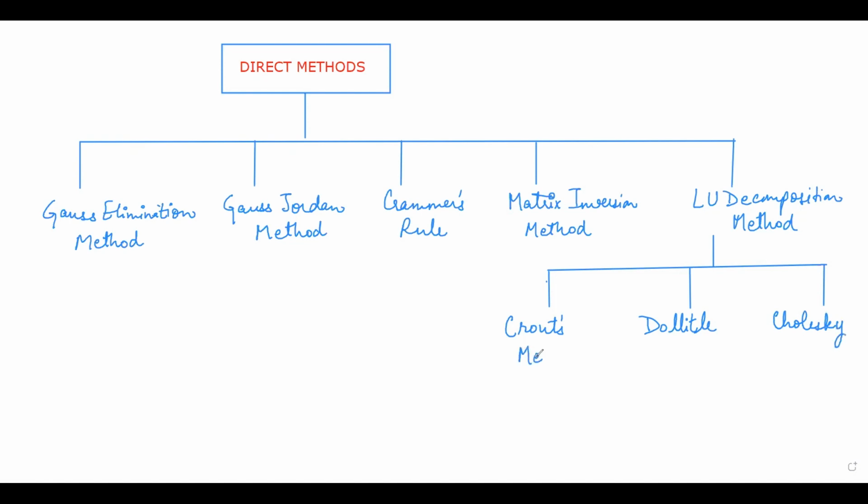So we have three different methods under the LU decomposition method. These are the direct methods, and in the further lectures, we'll be discussing the direct methods only. I'll be starting with the first one, the Gauss elimination, today. So let me write the topic here, that is Gauss elimination.